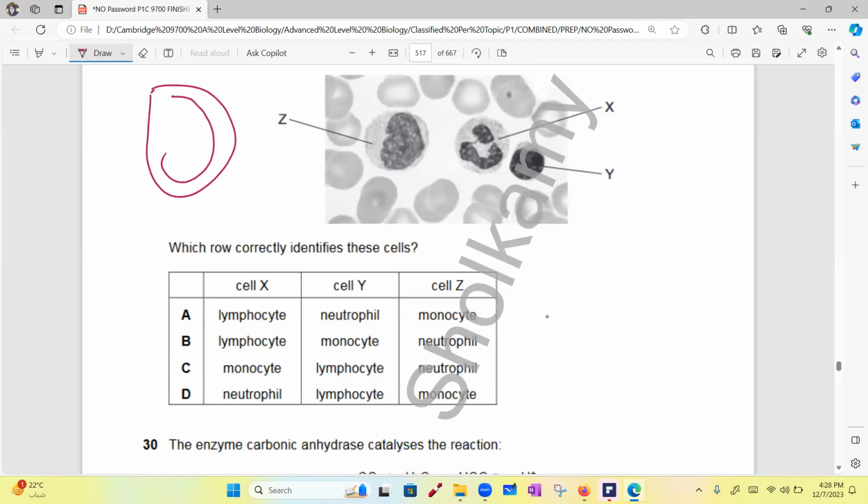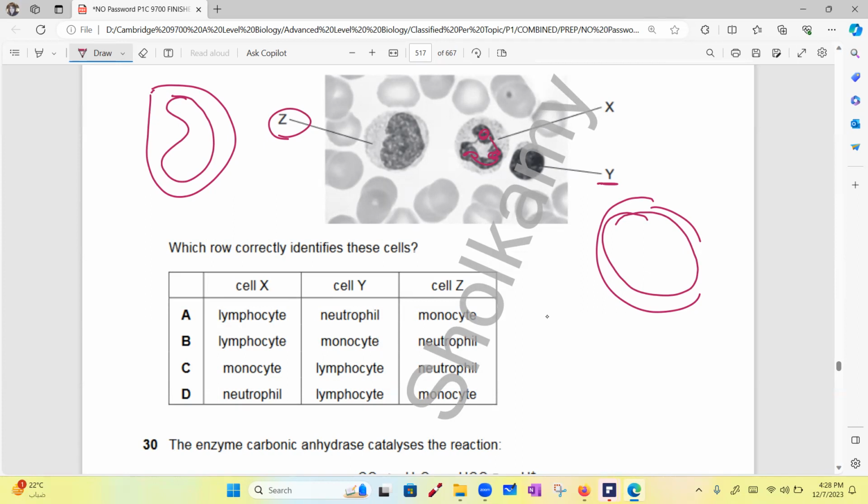It's large and the nucleus looks like this, just like Z. Z is a monocyte. If it has a lobed nucleus, it is a neutrophil. A lymphocyte is Y, where it is round with a large central nucleus that occupies most of the cell. We'll study them in detail in the next lesson, on immunity. So which row correctly identifies the cells?